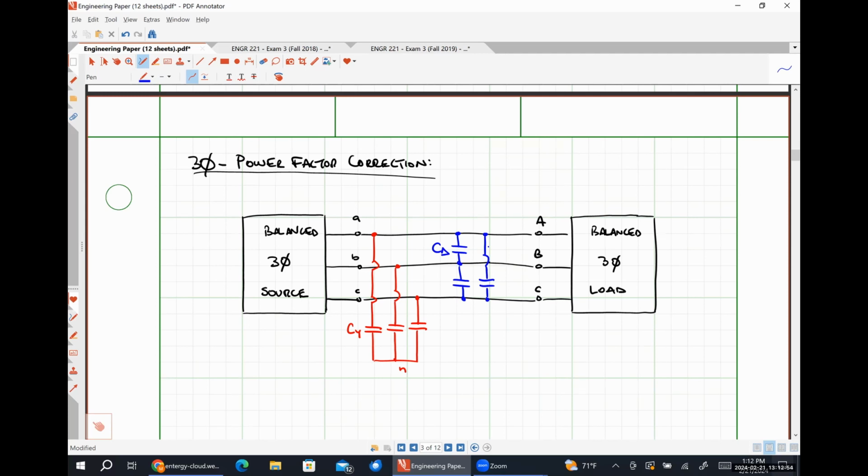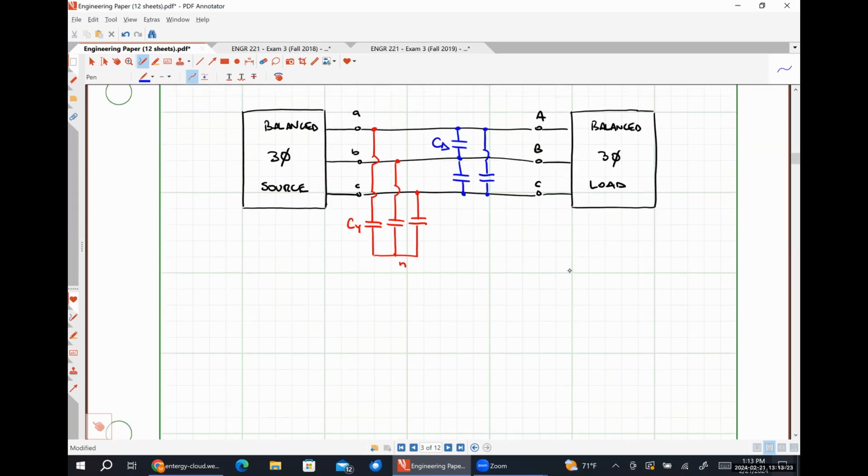So effectively, this is going to follow practically the exact same rules as single phase power factor correction. The thing that we have to pay attention to is to make sure that we're only looking at the average power per phase, and we need to make sure that we're using the correct voltage drop across our capacitor, depending on if we have a delta connected bank or a Y connected bank, right?